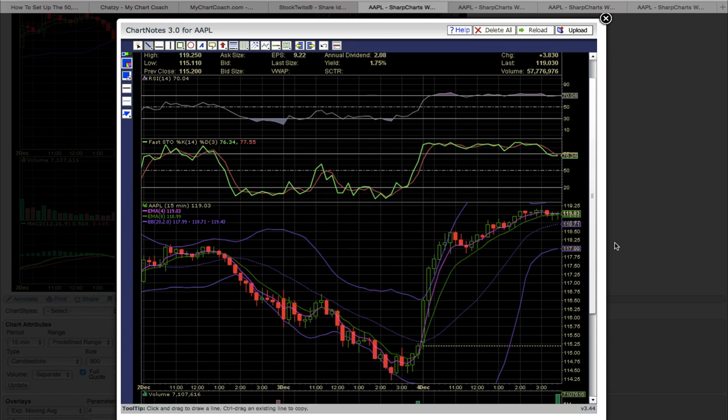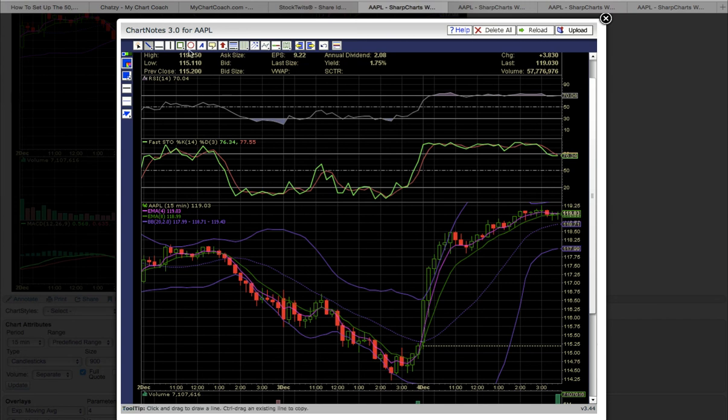And so this is the important level to hold, the middle Bollinger Band at 118.71. As long as candles stay above the middle Bollinger Band, then the uptrend on the 15-minute chart should continue. If the middle Bollinger Band breaks on the 15-minute chart, then that's going to put the lower Bollinger Band at 117.90 on deck.